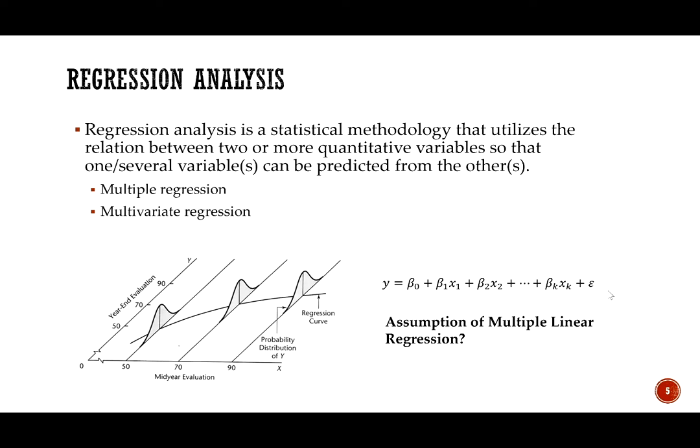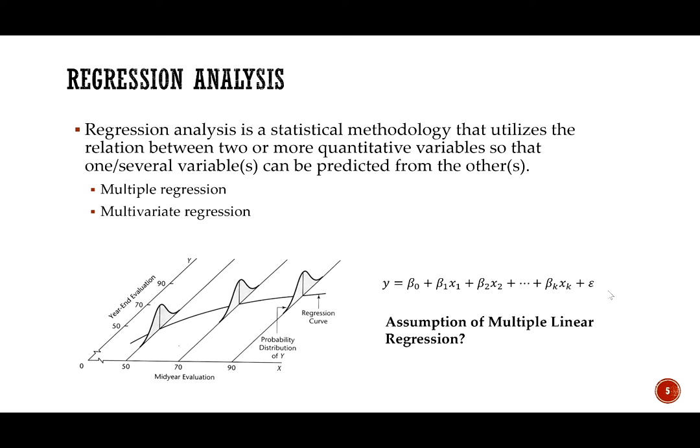Now I'll start off with regression models first and go over a couple of examples. For the first one, I use statsmodels as a library, and for the second example, I'll be using the scikit-learn library. So a quick review on regression analysis.